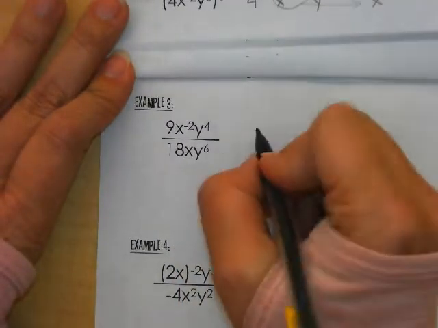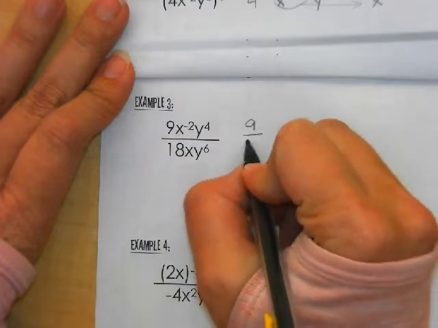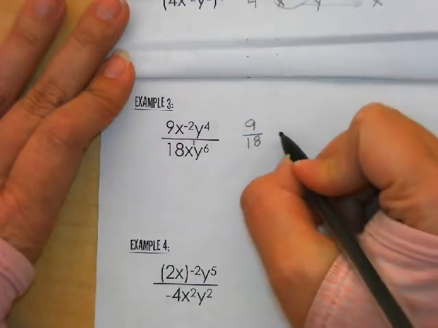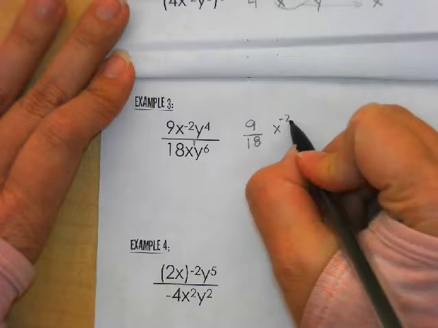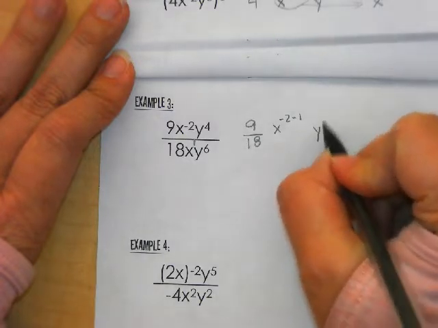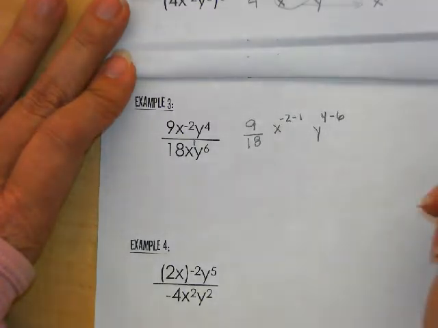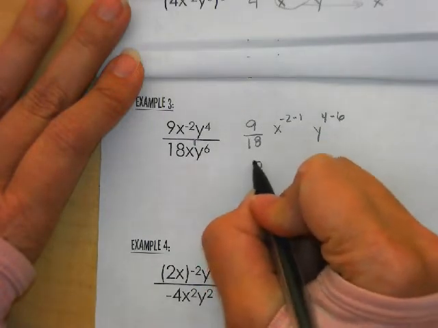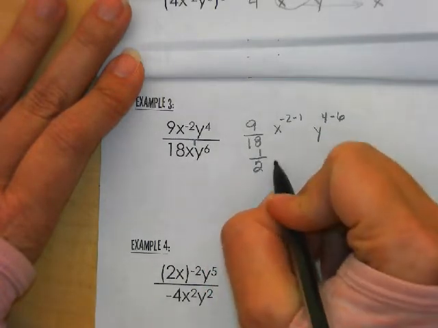I do want you on number 3 to keep in mind that when we have division, we need to subtract. So this is -2 minus 1, 4 minus 6. The regular numbers, your coefficients, those stay. So I have 1 over 2.